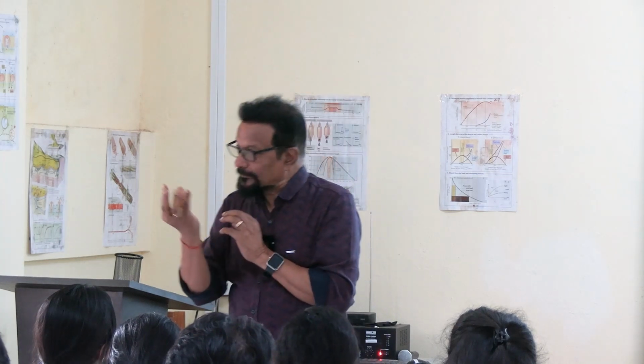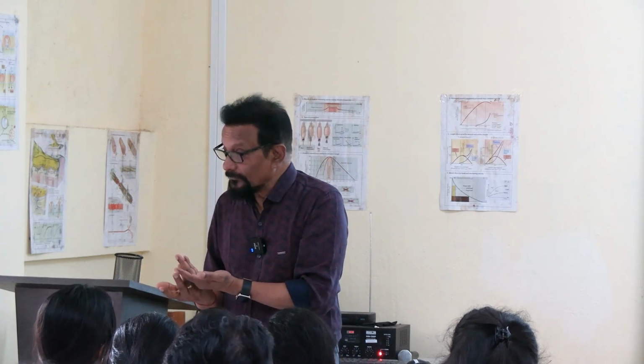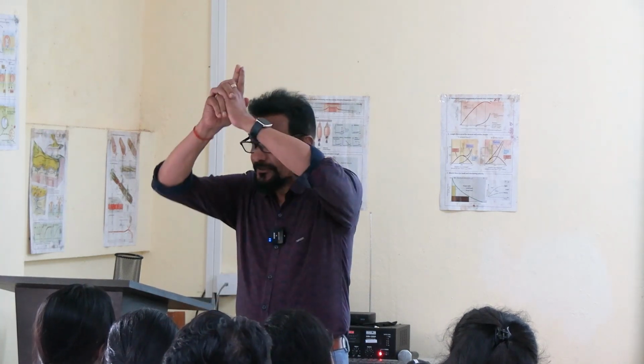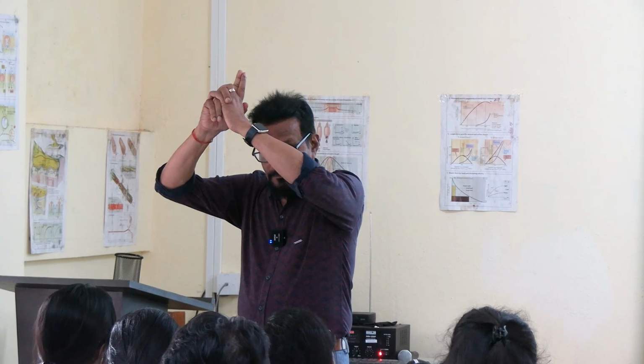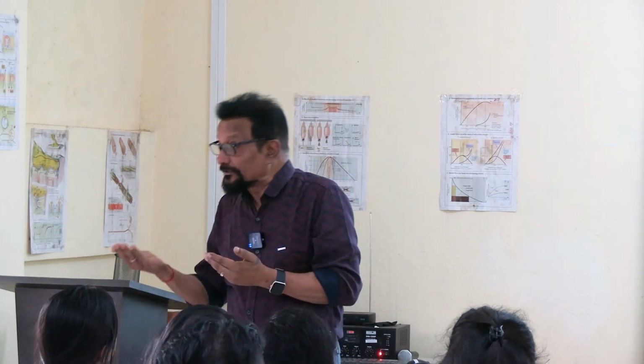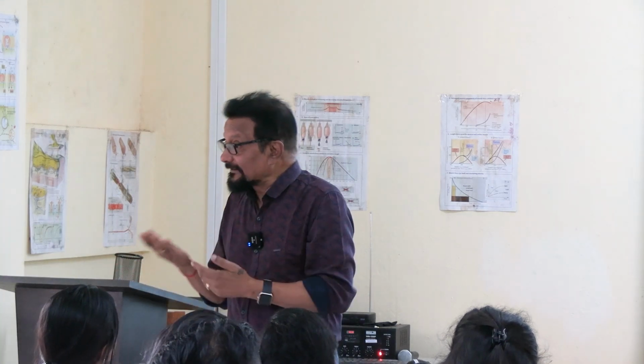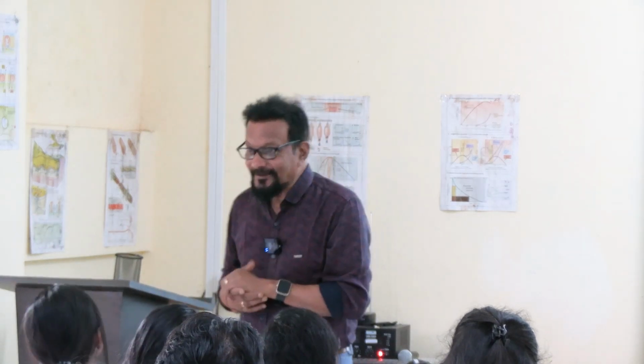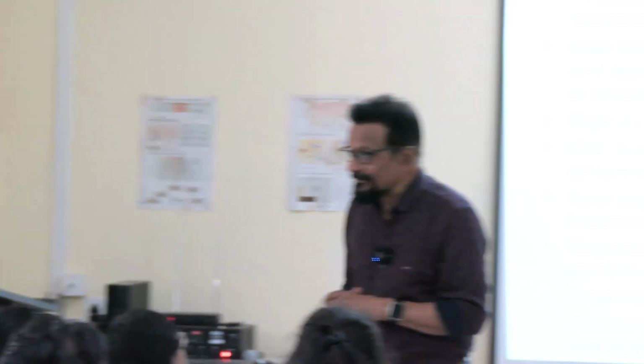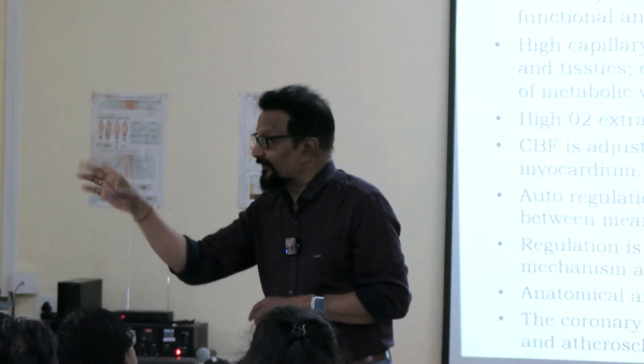The muscles will get less oxygen, more carbon dioxide, more production of hydrogen ion, more ADP, ATP, more adenosine, more lactic acid. So there will be accumulation of these metabolites. And interestingly, these metabolites have a vasodilator effect.